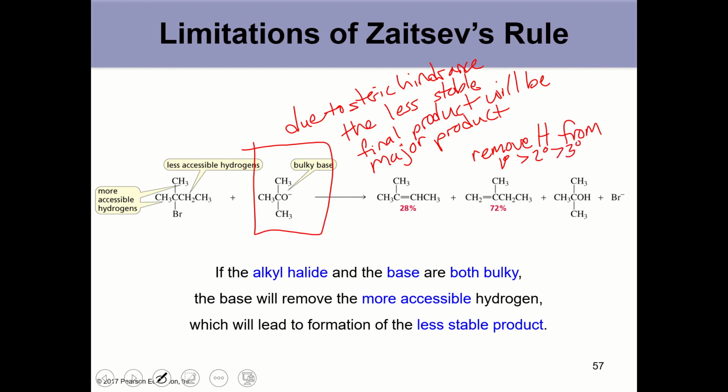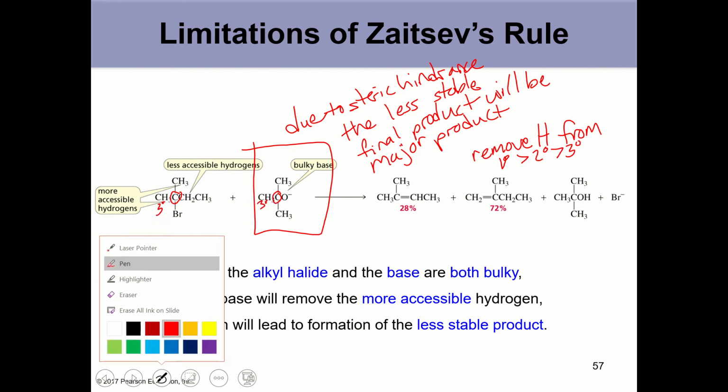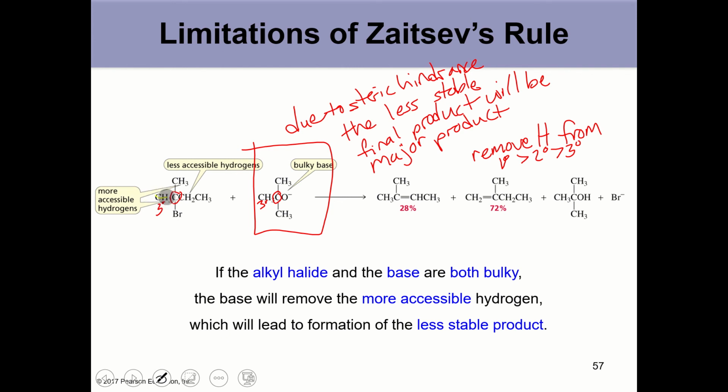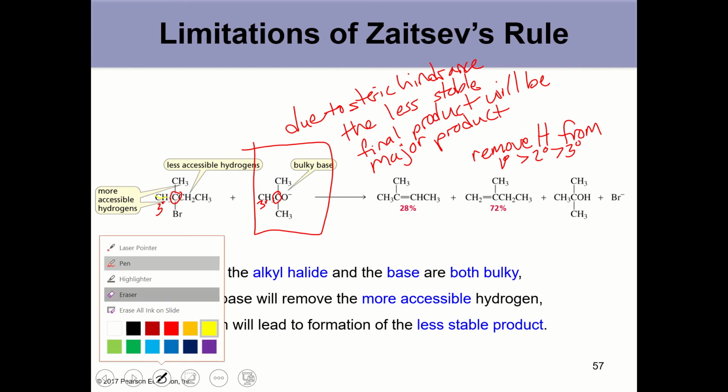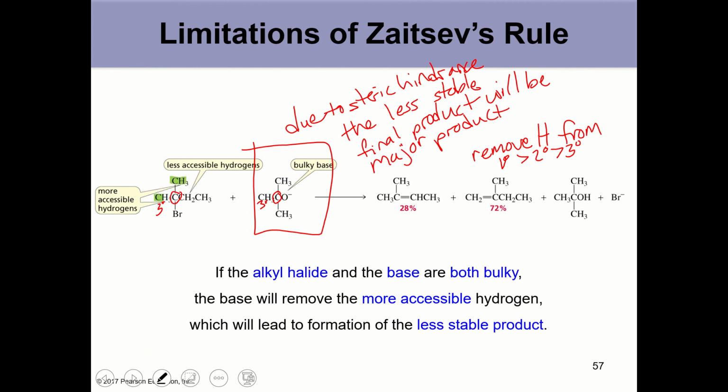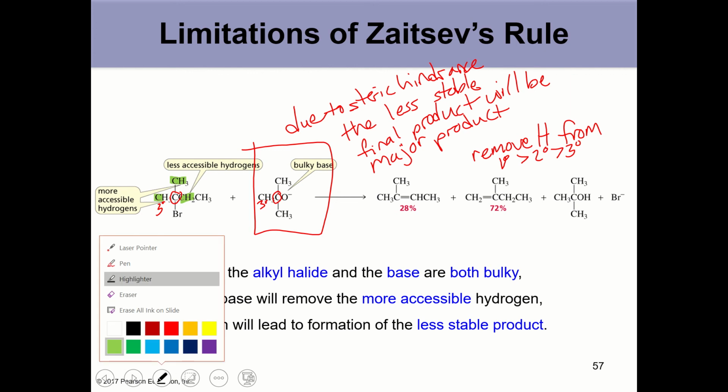Okay, so because the alkyl halide is tertiary and the bulky base is tertiary, we have to pick the beta carbon that is the least sterically hindered to remove protons from, and that is going to be the less substituted carbon.